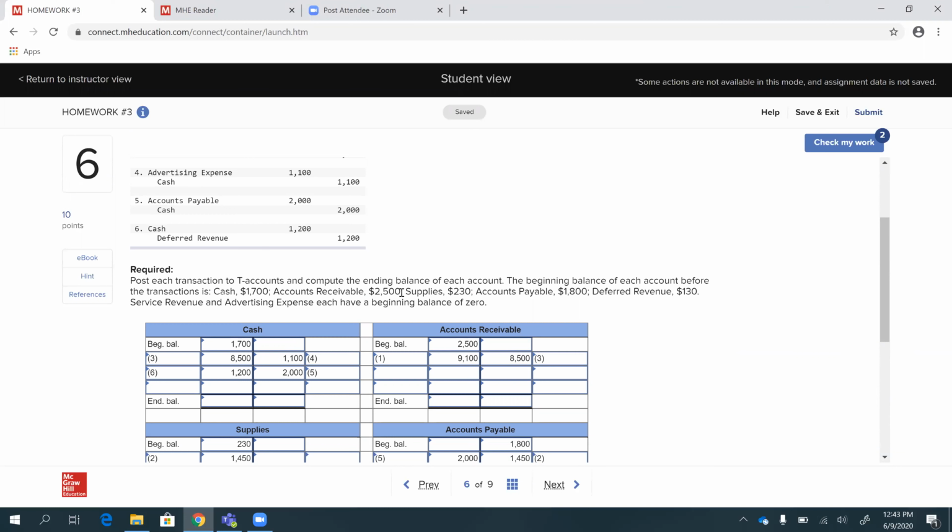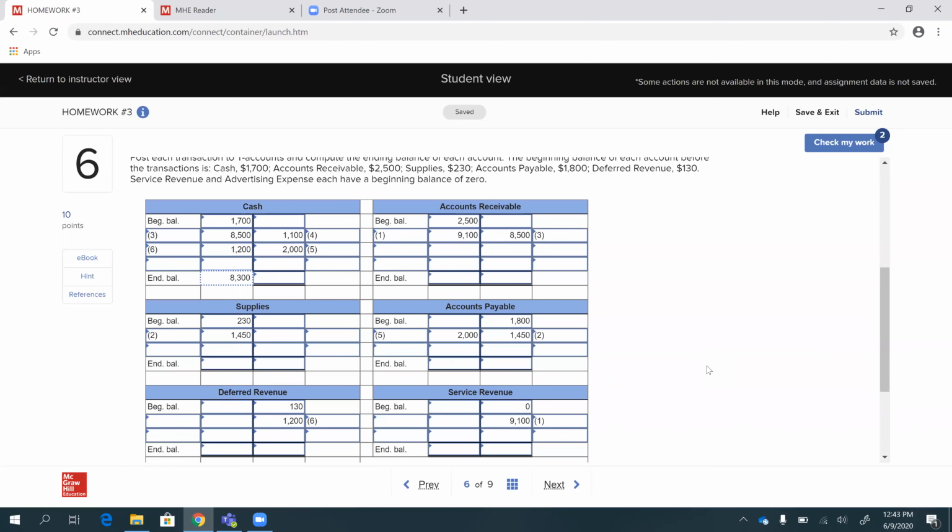We have two credits, $1,100 and $2,000. So we have total credits of $3,100. Find the difference between your total debits of $11,400 and your total credits of $3,100. You get $8,300. So your ending balance is a debit of $8,300.